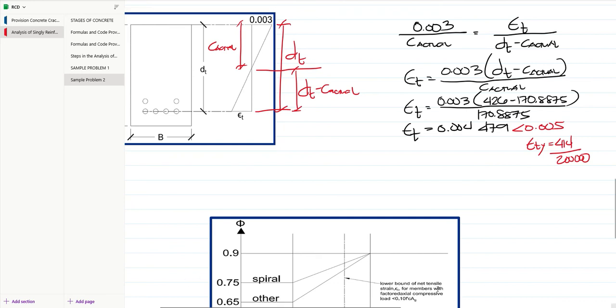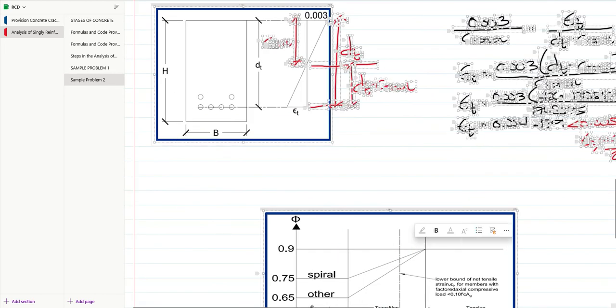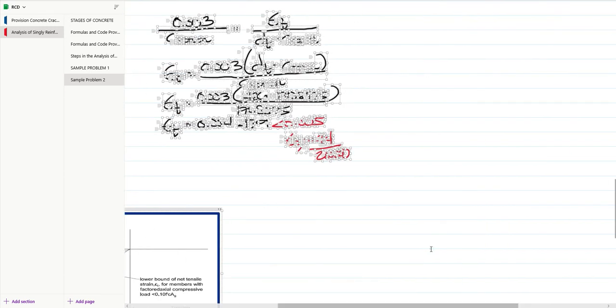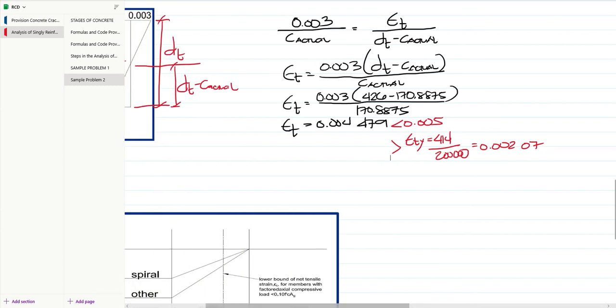So yung epsilon ty natin dito is a value equivalent to 0.00207. So syempre that is still mas greater yung epsilon sub t natin. So as you can see here, we are still on the transition zone.